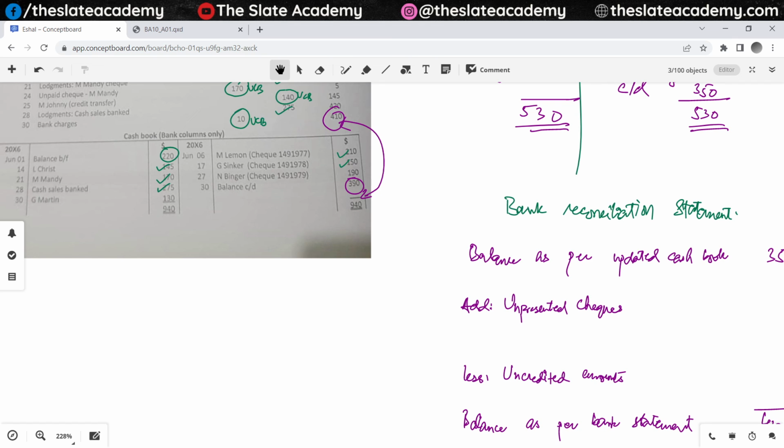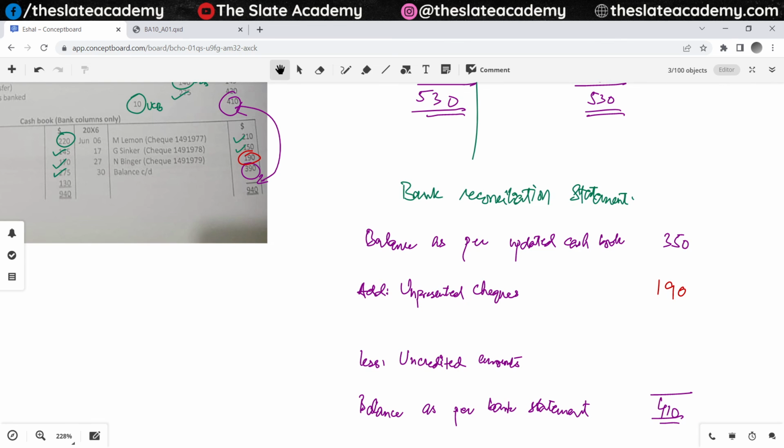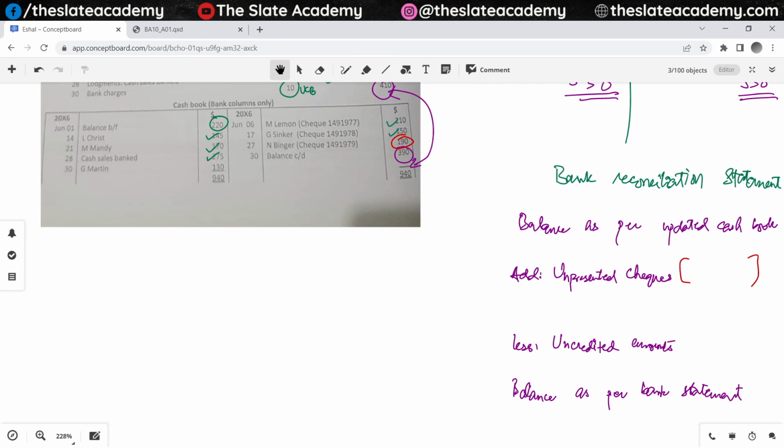So in case there are more than one, I'll show the calculation over here. And there is just one amount which I deposited on 30th June, and it didn't get cleared. So I will deduct how much? 130 as uncredited amount.